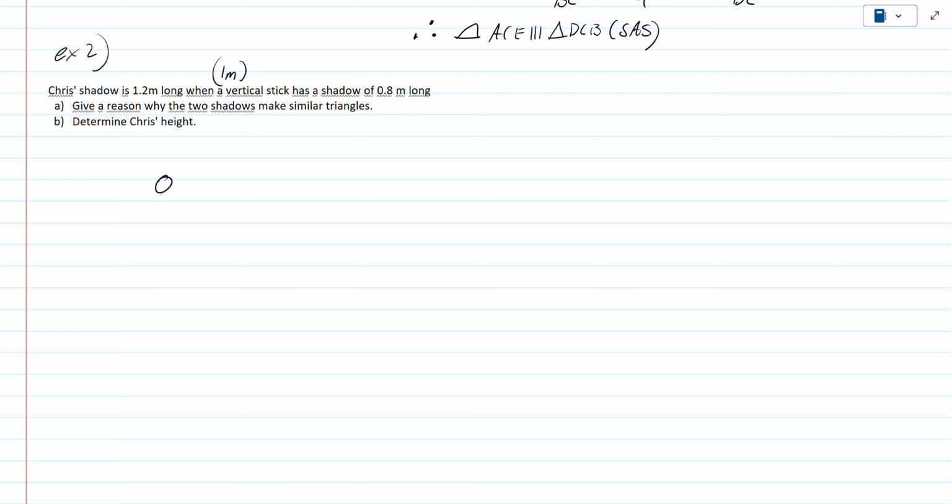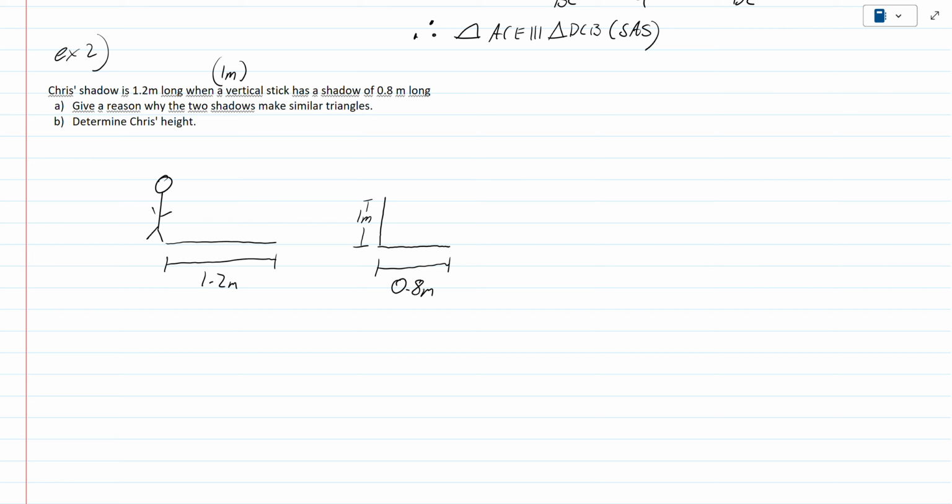So let's say Chris, his shadow casts this way, and that is 1.2 meters long. We then have a stick, 1 meter, and that stick's shadow goes 0.8 meters long.